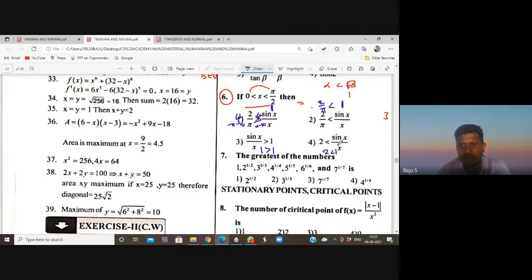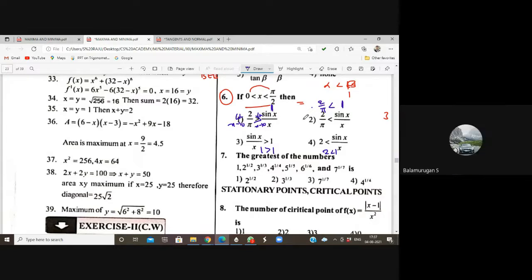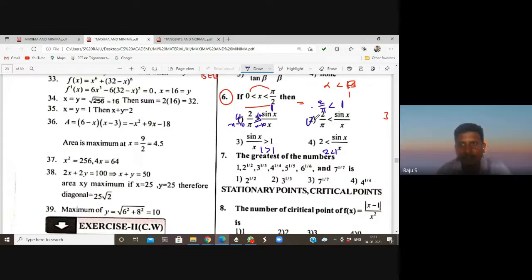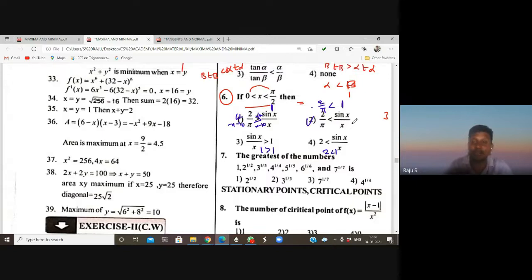Which is correct? When I apply limit x tends to 0, which of the following options is correct? Second option, that's all. When you see sin x by x, or tan x by x, sin inverse x by x, in all these cases it's better to apply the limit.